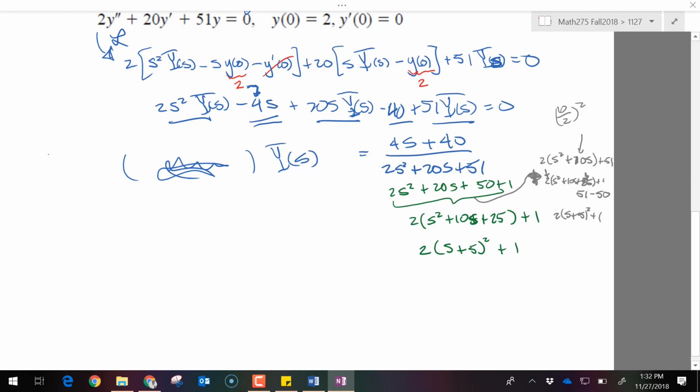So if you didn't see this splitting up of the 51 into easy pieces, this is how you would complete the square. Still algebra, right? I mean, we learned this when you were in 3rd grade or something?